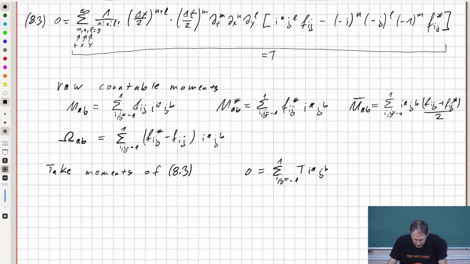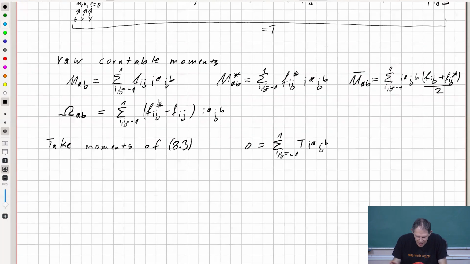And upon doing this, we need to write a little bit smaller because this now takes up a lot of space. So what we have here is the sum over ij from minus 1 to 1. Then we have the sum over m, n, l from 0 to infinity of 1 over m factorial n factorial l factorial.